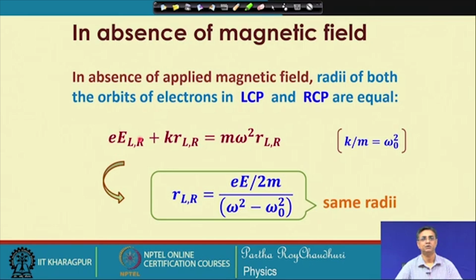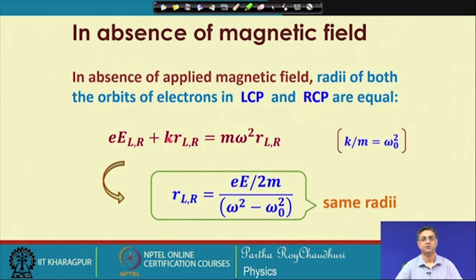This is the force which is experienced by the electron due to the electric field of the left circularly polarized light and right circularly polarized light. R_L, R_R will describe the radii of these two electron orbits.